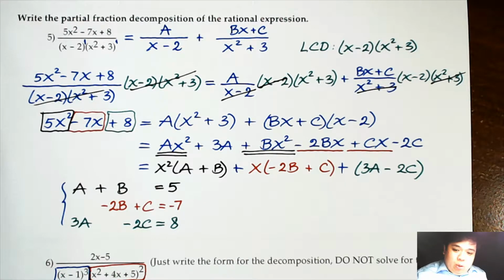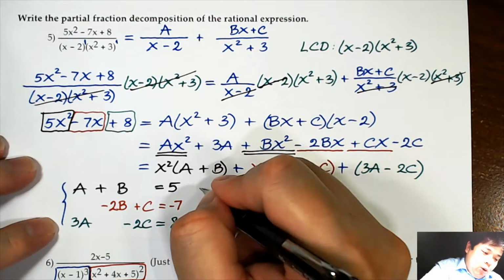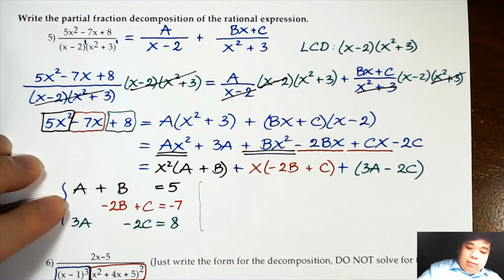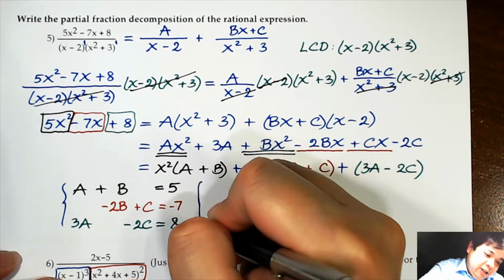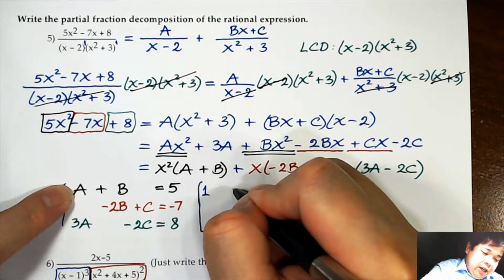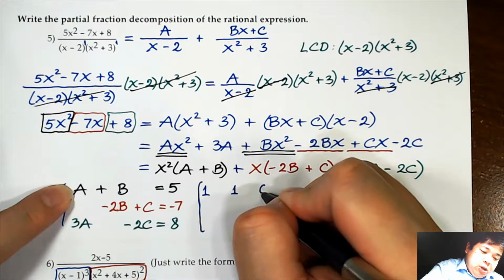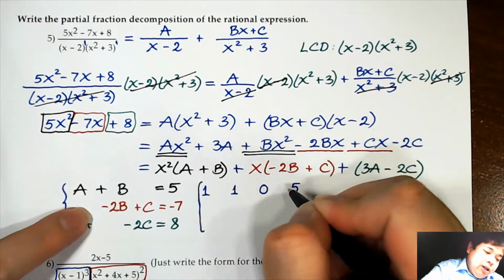So if we want to put in the matrix, we're just going to put the coefficients in here. It will be 1 for A, 1 for B, no C, and then 5.